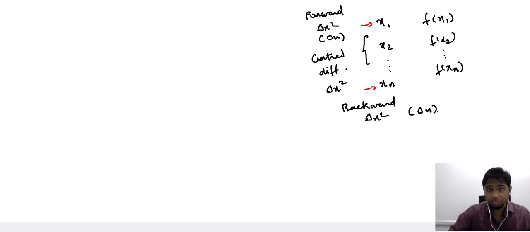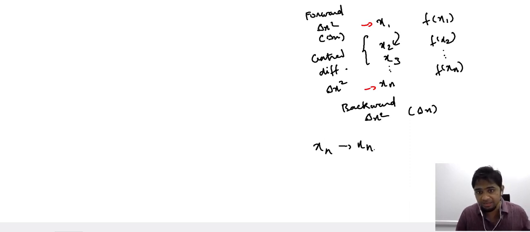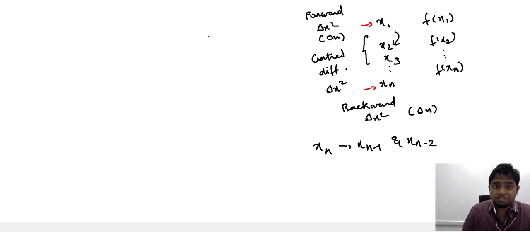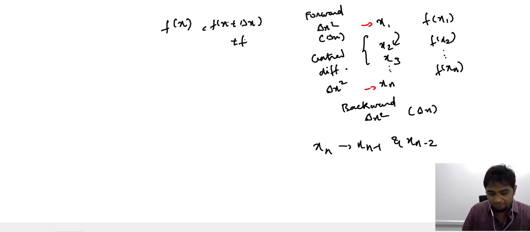How we were able to do it is, instead of considering the immediate point alone, we considered 2 immediate points. In the same way, in case of the backward difference, if our starting point is the point xn, instead of considering just xn minus 1, we also consider xn minus 2. So essentially we would have f of x, then f of x plus delta x, and f of x plus 2 delta x.